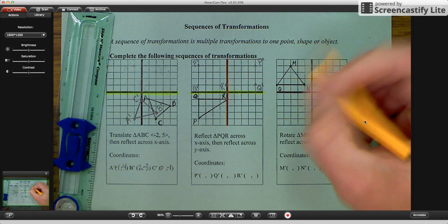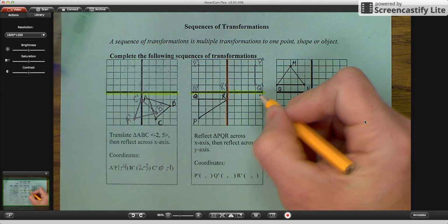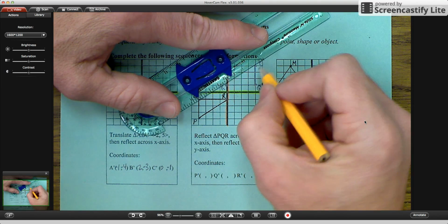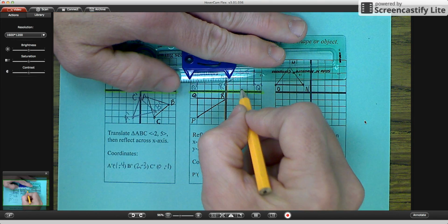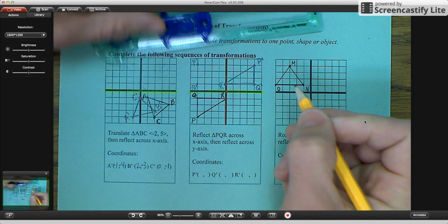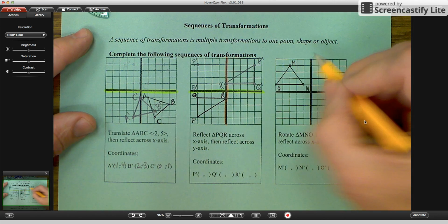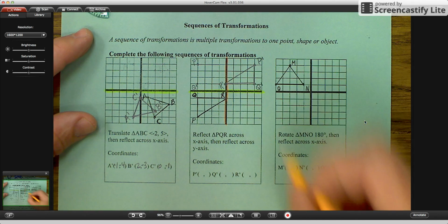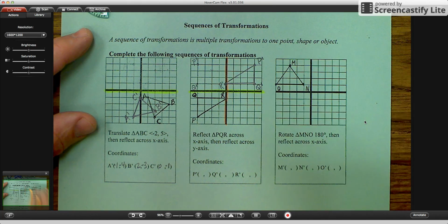P prime. So connect, boom, get my straight edge, make this angle look real nice, or the hypotenuse of this right triangle. There we go. And then this PQR has been reflected across the x-axis, then across the y-axis.